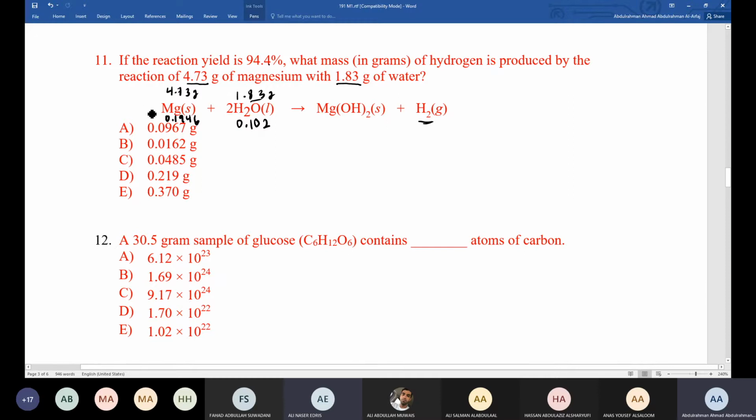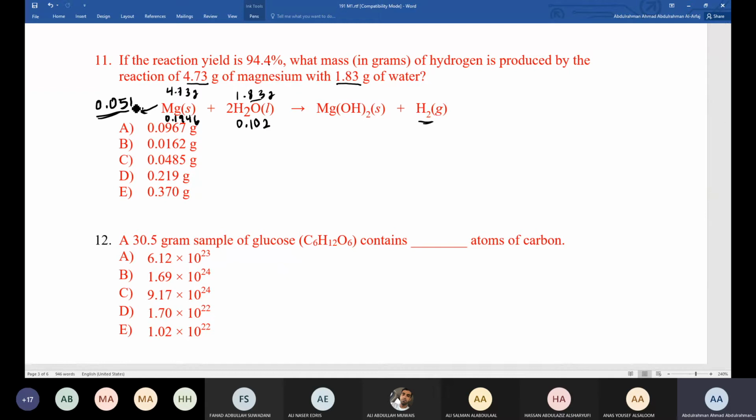Yes. What will be the needed amount of Mg? How many moles do we need? That's what we need, only. All right. Okay.